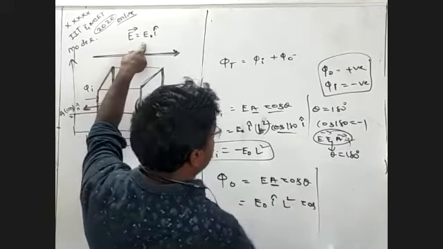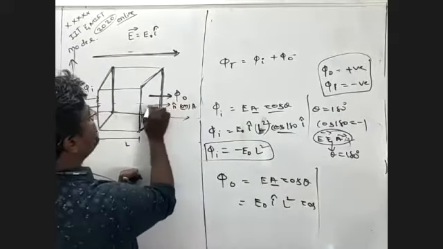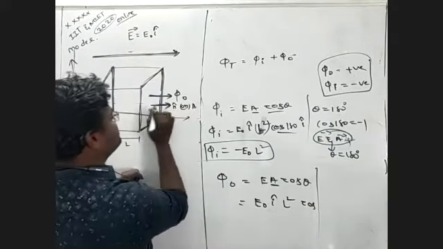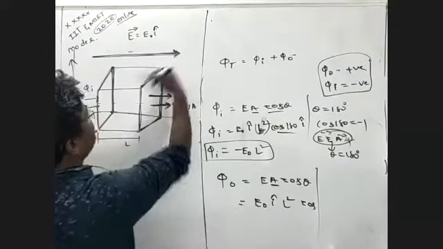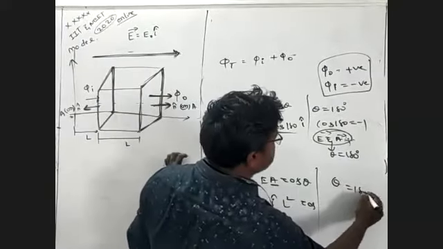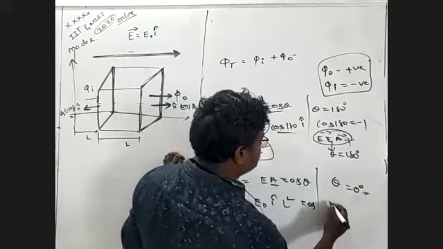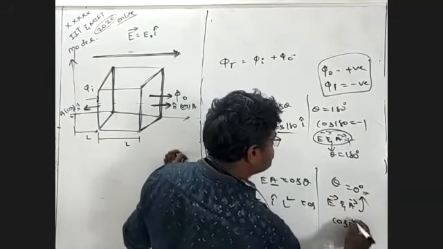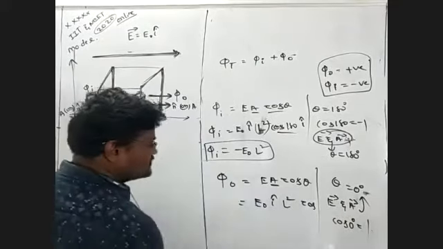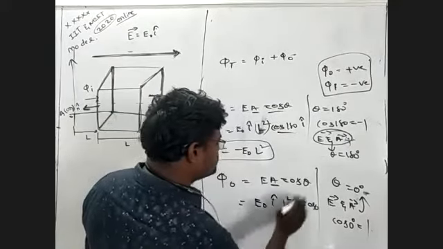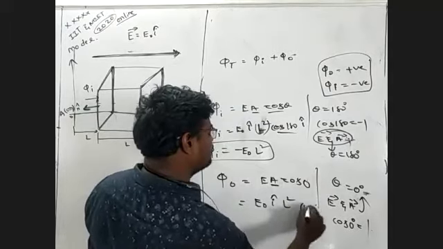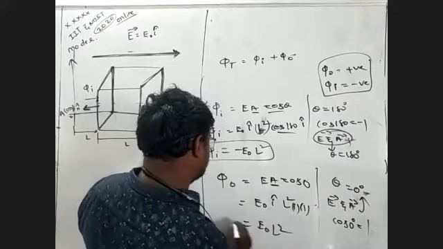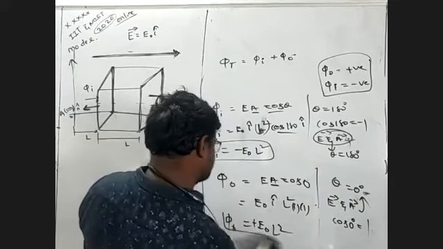Here the area vector and the electric field are in the same direction, so the angle between E and A bar is 0 degrees, and cos 0 is 1. So we get E naught L square, which is a plus flux.